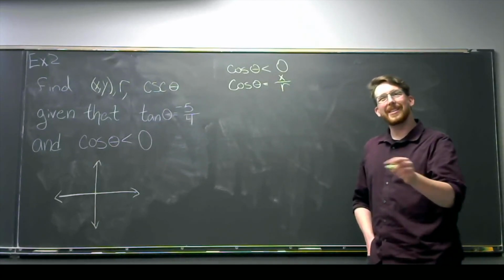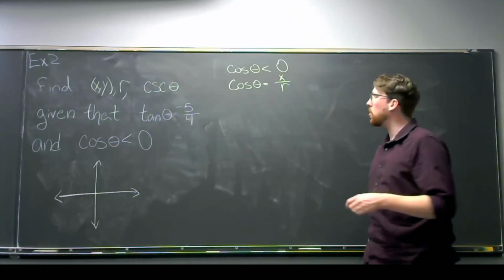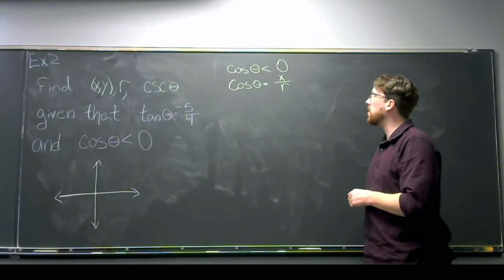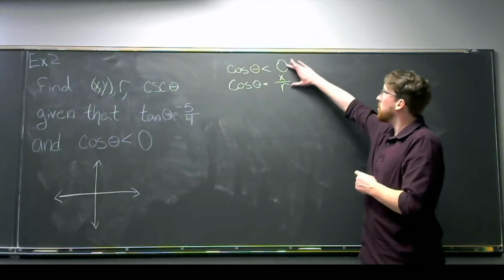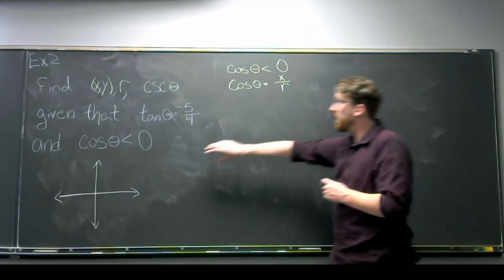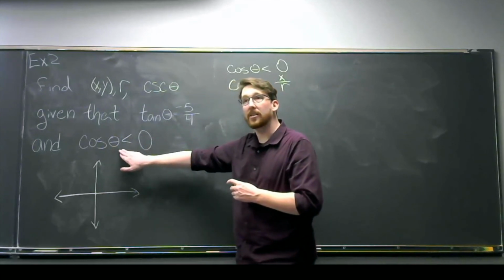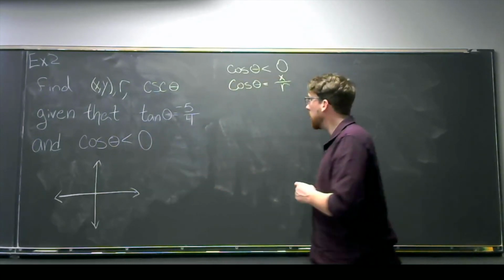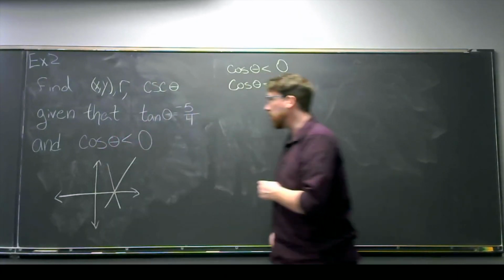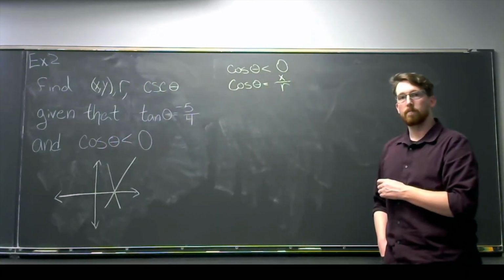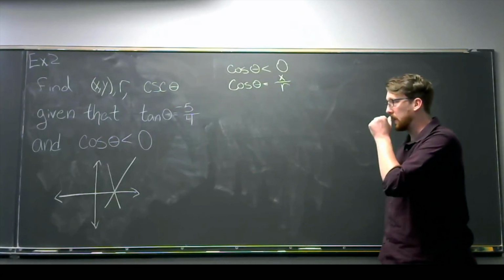Well, because radius is always positive, that must mean that our x value is negative. So just from the fact that cosine of theta is less than 0, we automatically know that we can't be working in either one of those quadrants. Okay, that's convenient.